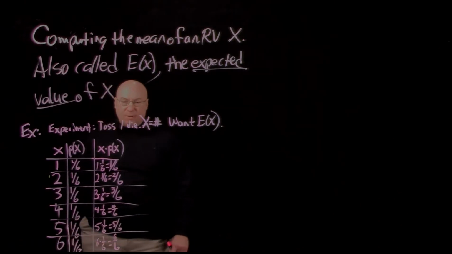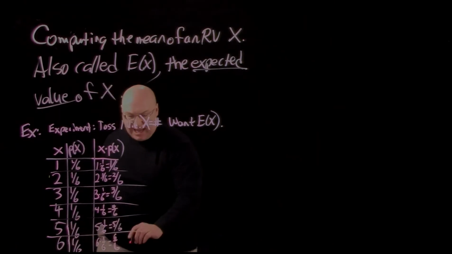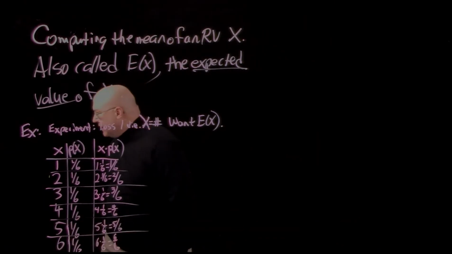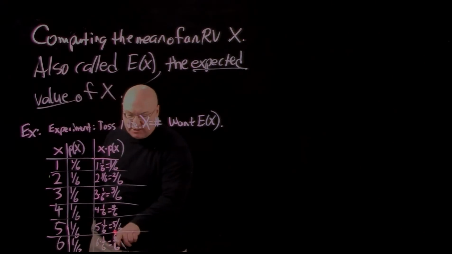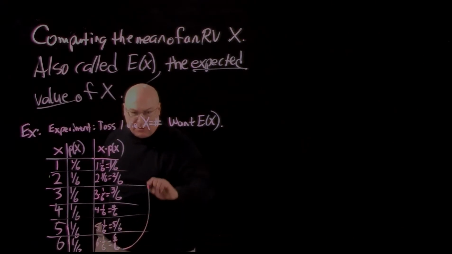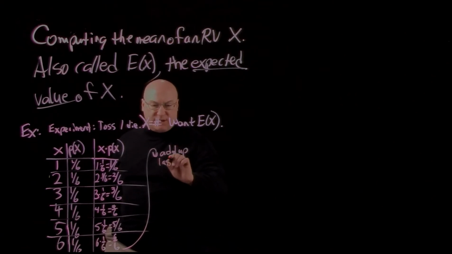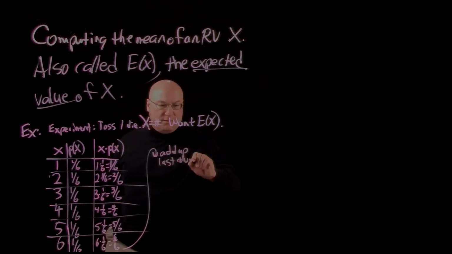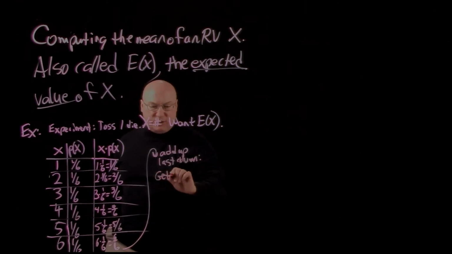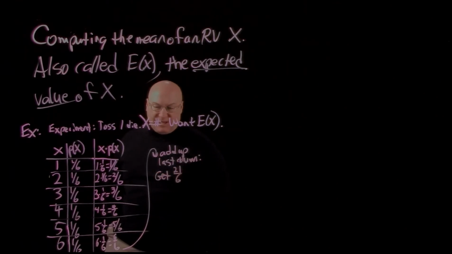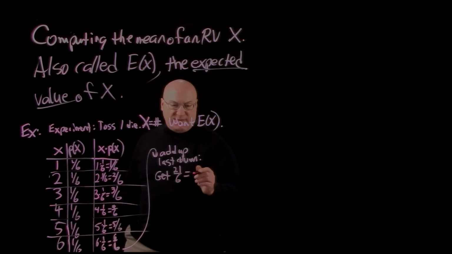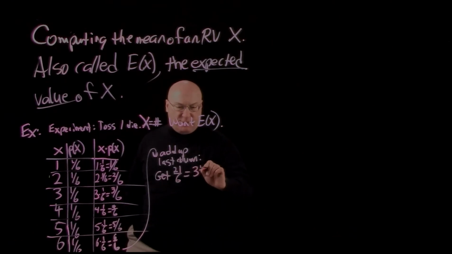Okay. And what I want to do is add these up. I've run out of room down here. In fact, can you even see? Yeah, you can see the bottom here, but I can't go below. So add up this last column, and you get 21/6, which is 7/2 or 3.5.